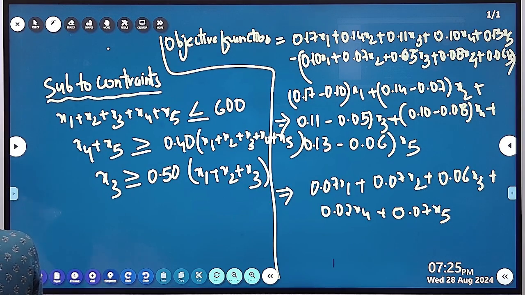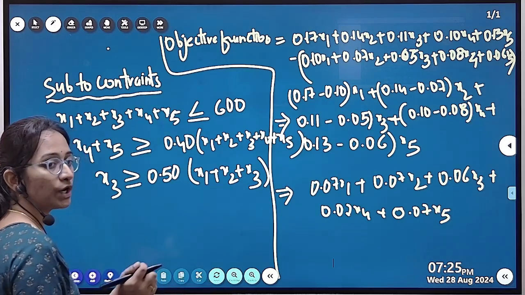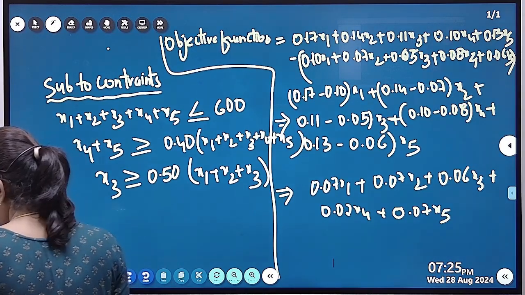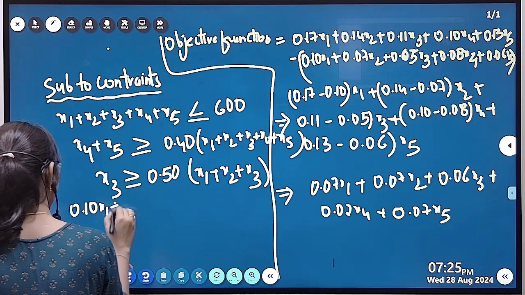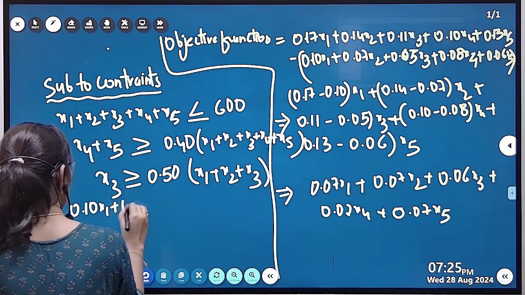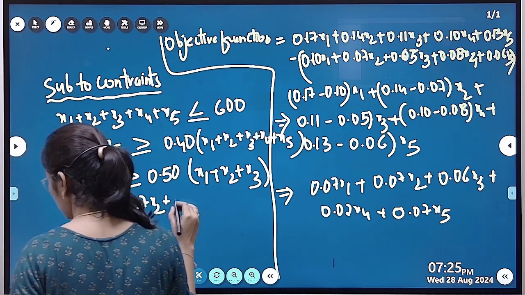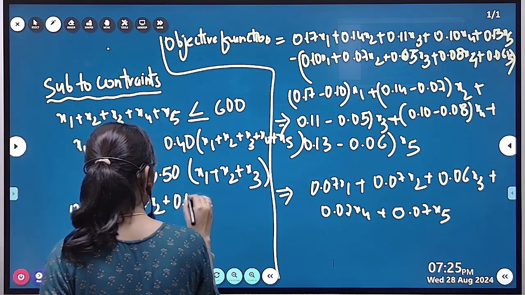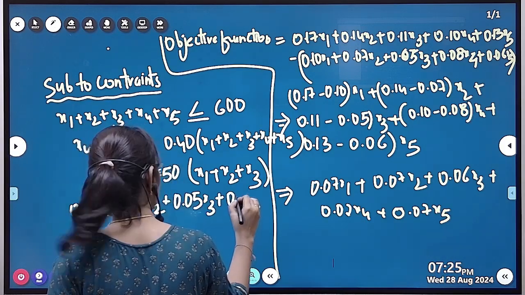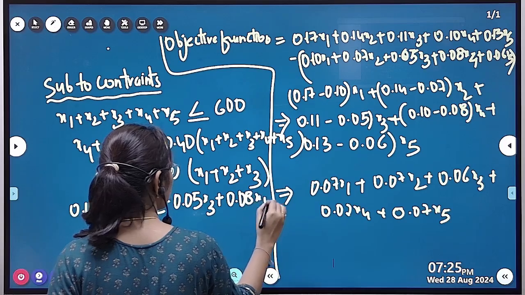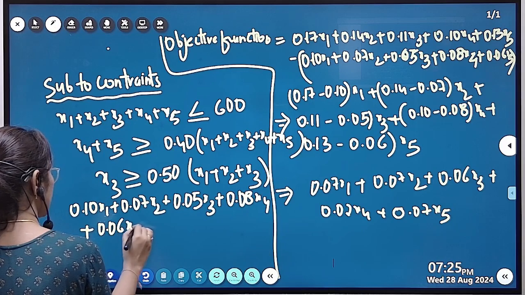Next, the overall bad debts on all loans may not exceed 0.06. So what are the bad debts? 0.10x1 plus 0.07x2 plus 0.5x3 plus 0.08x4 plus 0.06x5.